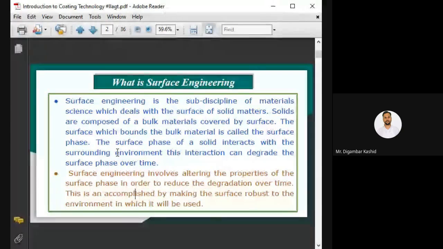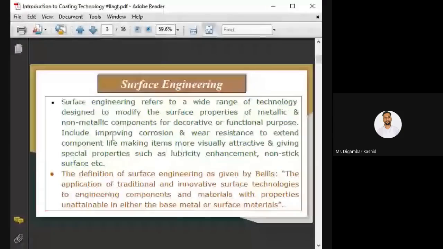Again, in detail, surface engineering refers to a wide range of technology, okay, which is designed to modify the surface properties of metallic as well as non-metallic components.